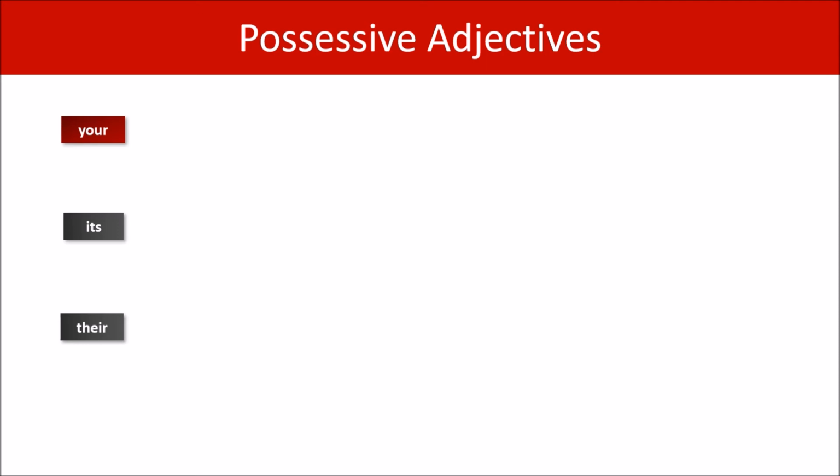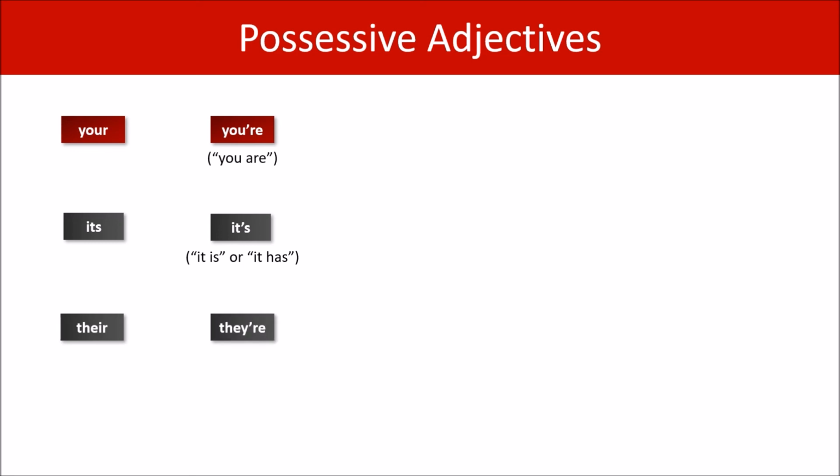Do not confuse the possessive adjective your with you're. You're is always a contraction of you are. If you cannot expand it to you are, then it is wrong. The same deal with it's. This is always a contraction of it is or it has. If you cannot expand it to it is or it has, then the apostrophe is wrong.